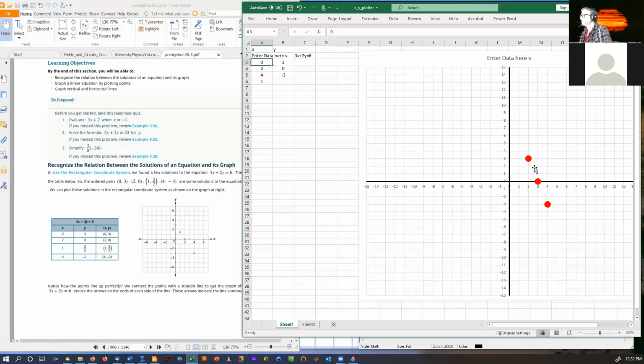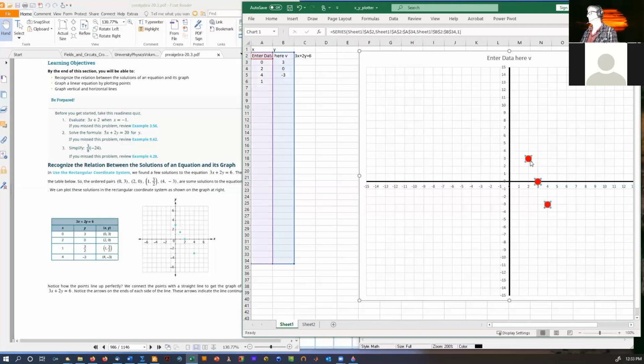Why isn't that on the line? 0, 0, 3. Did this axis get moved? What's going on here? Why isn't this plotting right?